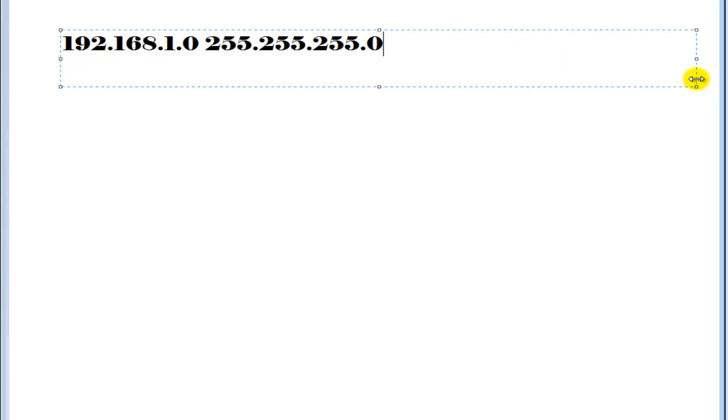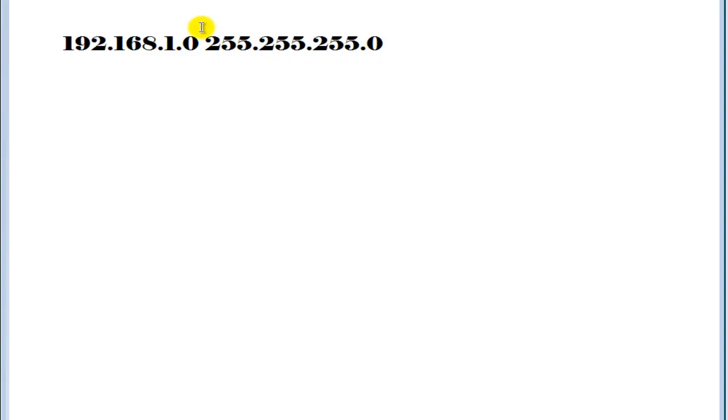When I say bit value, I mean each of these octets. Within each of these dots you have 8 bits, and each of those 8 bits has a value.